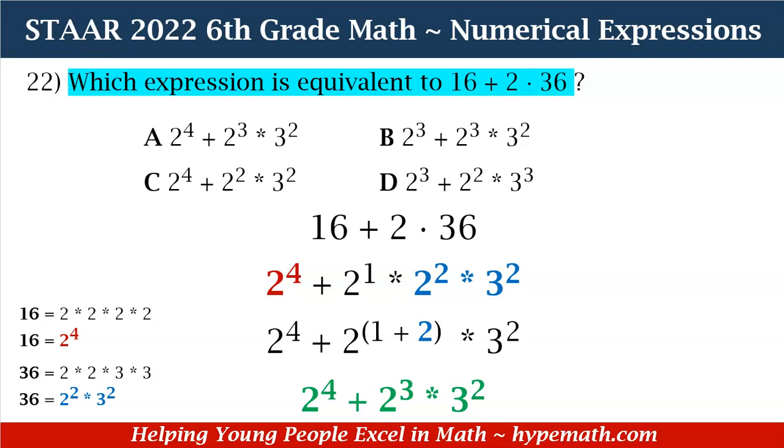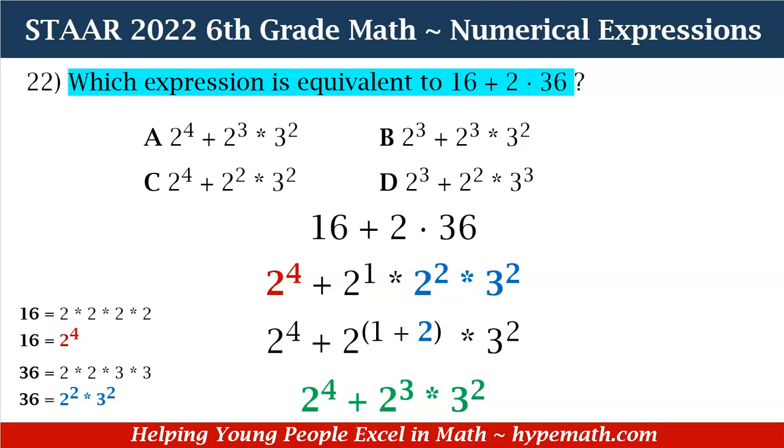Going down to the second line, we have 2 to the 4th power, plus, now because we have 2 2's and they both have an exponent, I need to add those exponents together. 1 plus 2 is equal to 3, so it's 2 to the 4th power plus 2 cubed times 3 squared, okay?